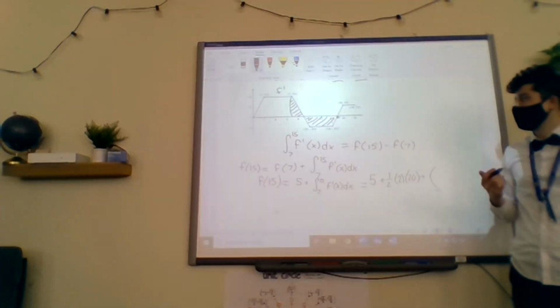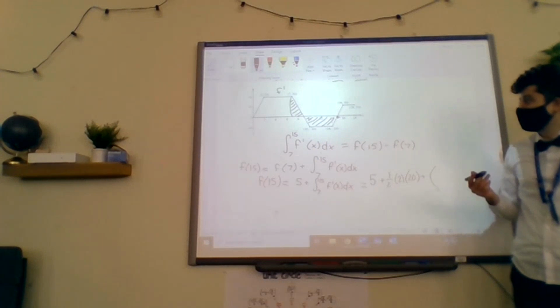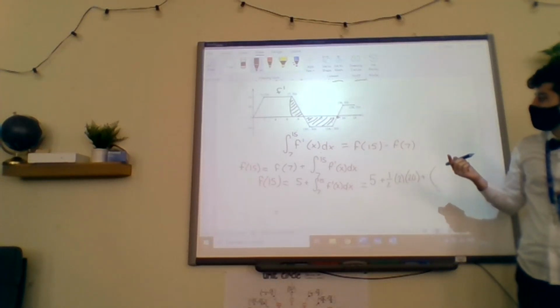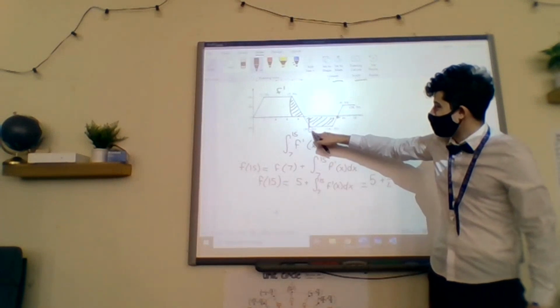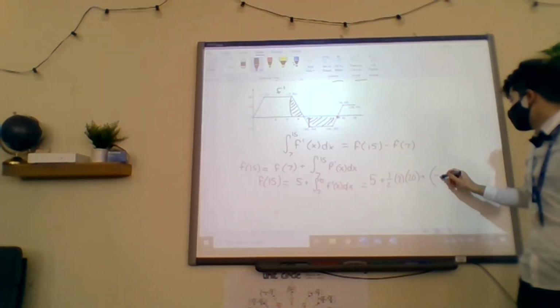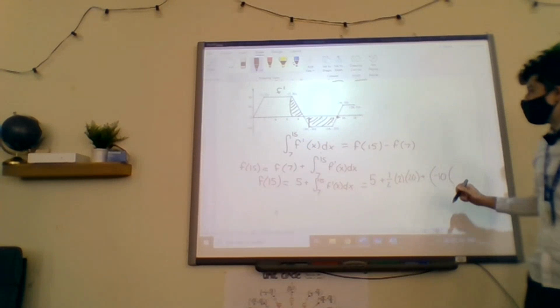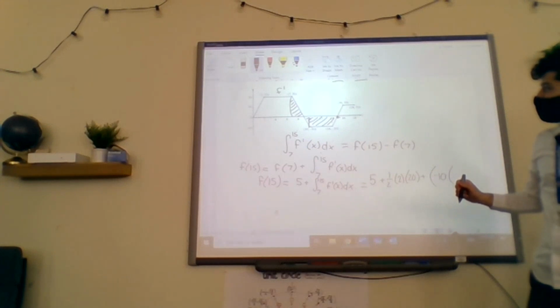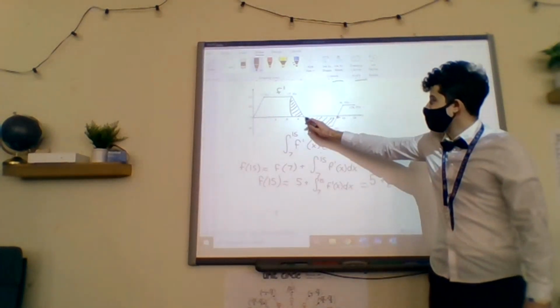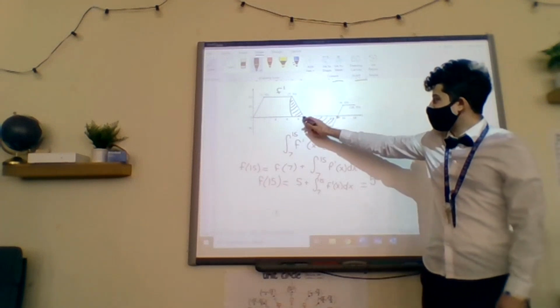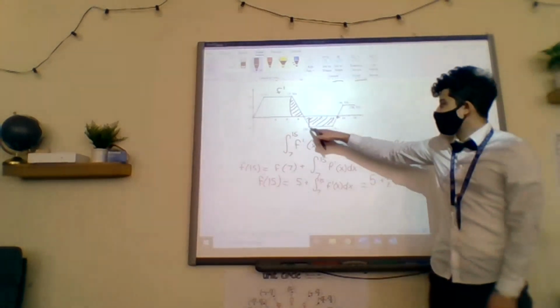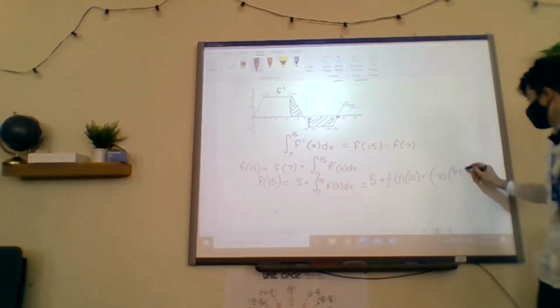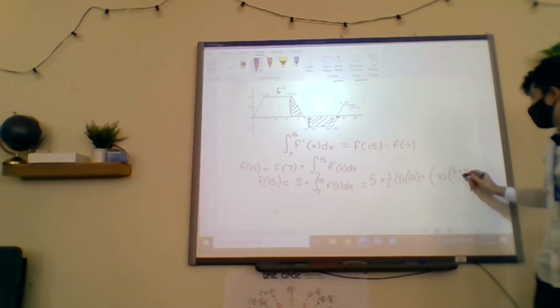But since I just taught the area of a trapezoid, I have it fresh in my mind. That should be the height of this trapezoid, which is -10, times the first base, which is, 9 to 15 is 6, plus the second base, which is 10 to 14, is 4, over 2.